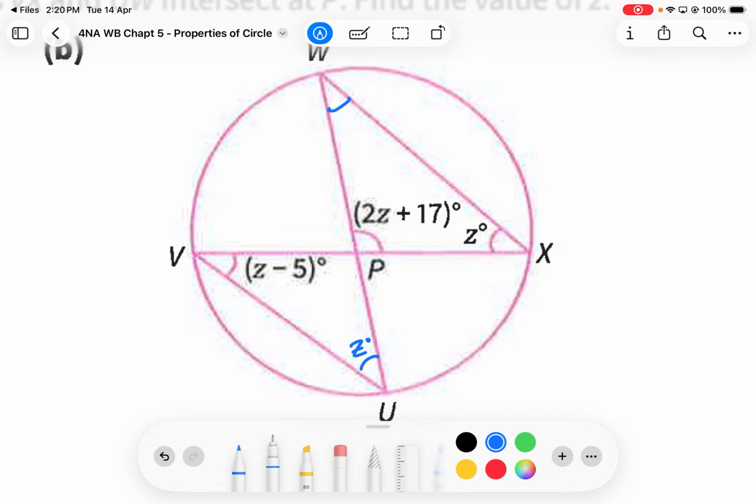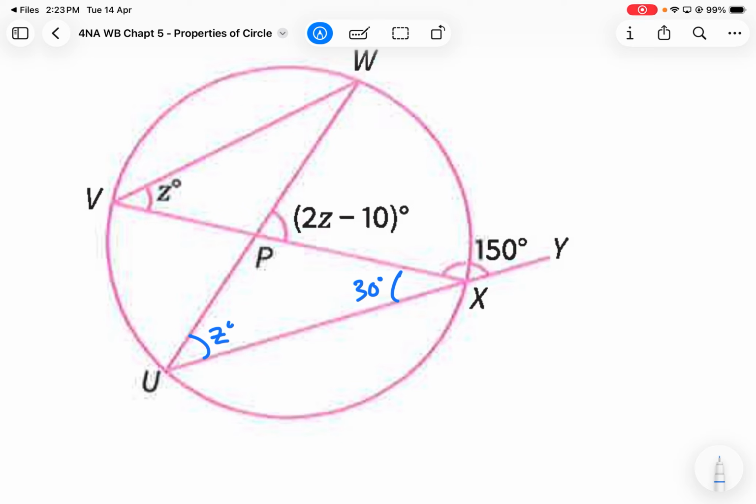150 means here is 30. Okay? Then again, horn. Here Z, here must be Z. What is this angle? This angle plus this angle is 180, straight line.